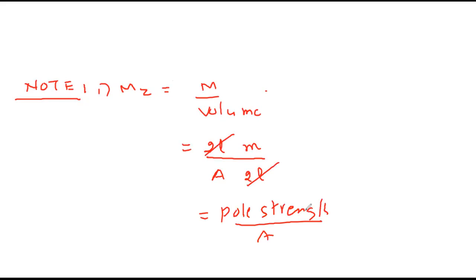So sometimes they can also give you numerical based on pole strength and area. So dipole moment upon volume, or pole strength upon area, is also called as magnetization. Write this as a note. Done, sir.